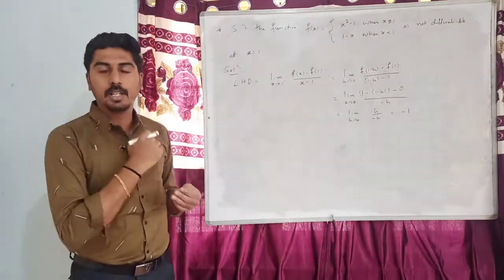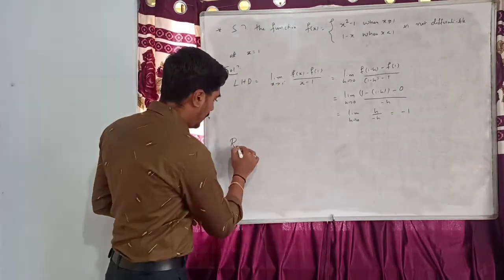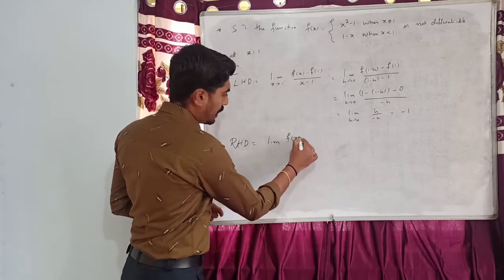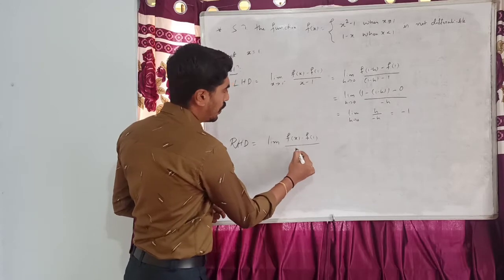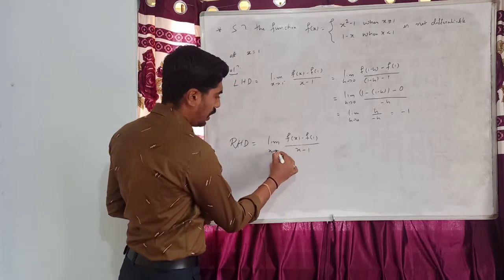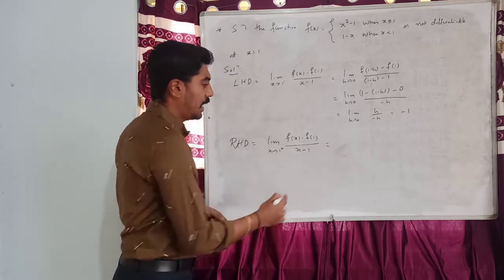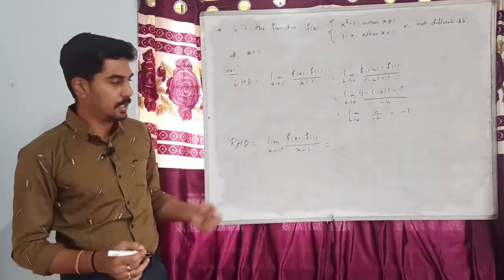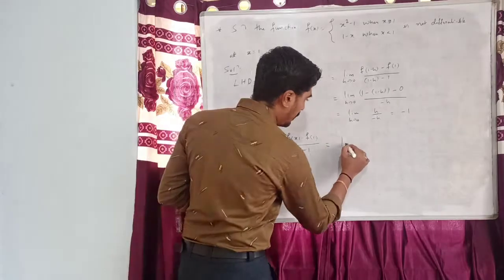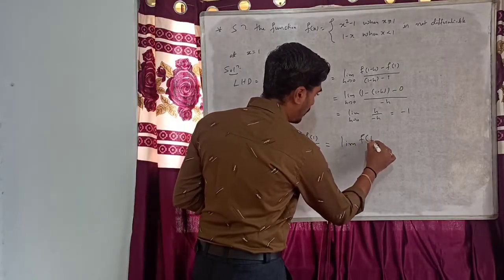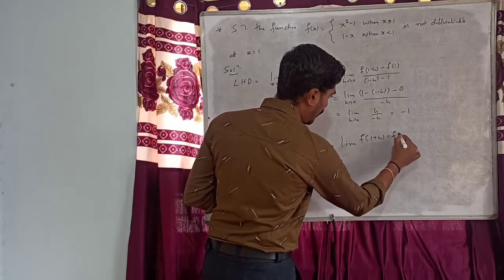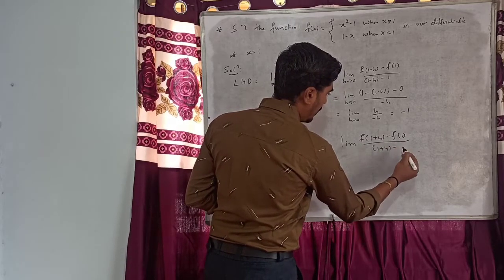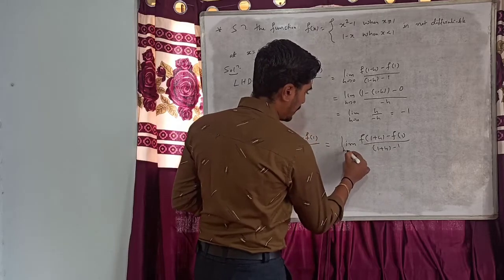Now let us find out the right hand derivative, RHD, which is equal to limit of f of x minus f of 1 whole divided by x minus 1 as x tends to 1 plus. To find this, I substitute x equal to 1 plus h and let h tend to 0. So this will be equal to limit of f of 1 plus h minus f of 1 whole divided by 1 plus h minus 1 as h tends to 0.